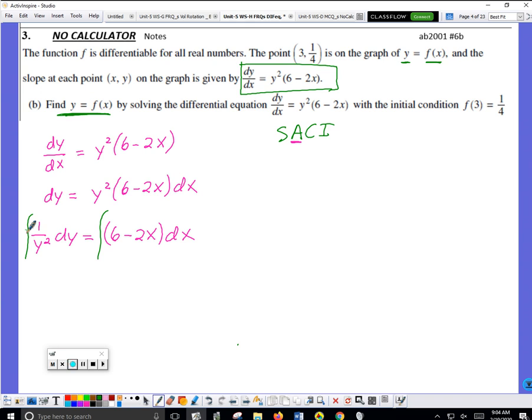So what I want to do here instead is y to the negative 2. Just antiderivative 6 is just 6x. Antiderivative 2x is 2x squared over 2. And then I just throw in the c. Questions?